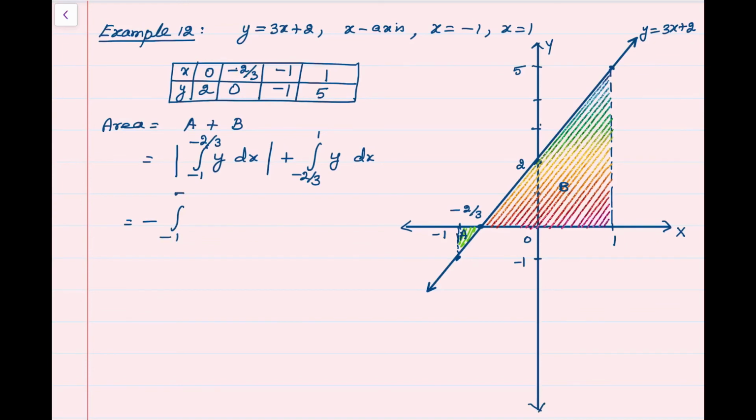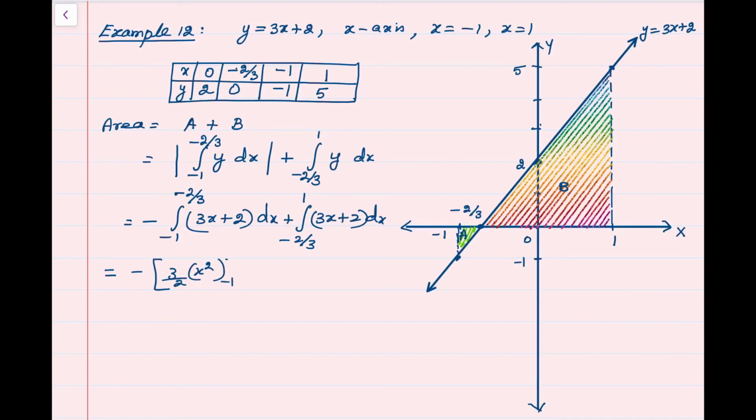Integral minus 1 to minus 2 by 3, y is 3x plus 2 times dx plus integral minus 2 divided by 3 to 1 of 3x plus 2 dx, minus of 3 times x square divided by 2 and the limits are minus 1 to minus 2 divided by 3 plus 2x, the limits are minus 1 to minus 2 by 3, plus 3 times x square divided by 2, negative 2 by 3 to 1 plus 2x, the limits are negative 2 by 3 to 1.